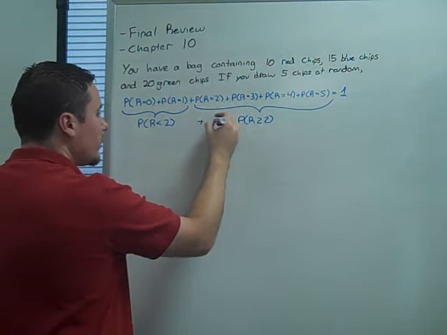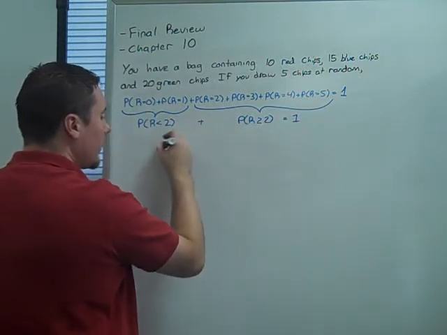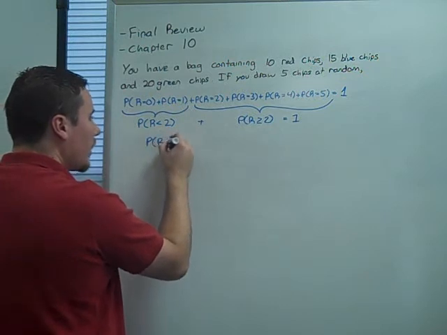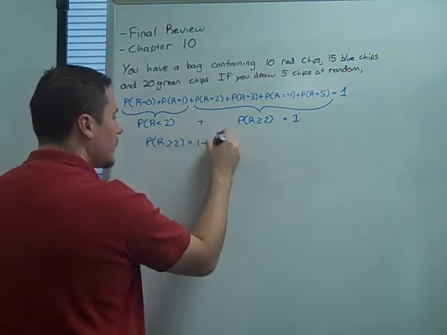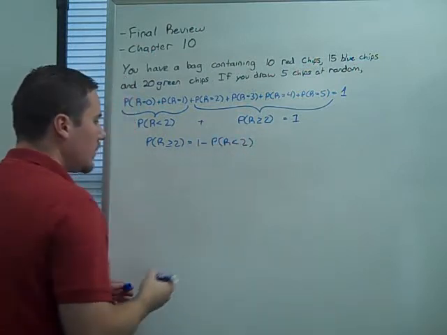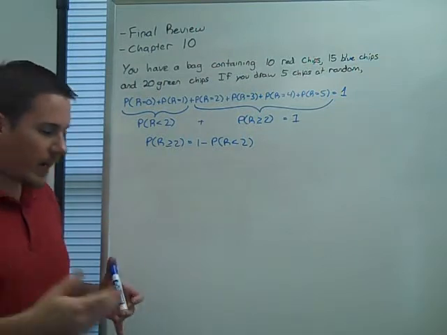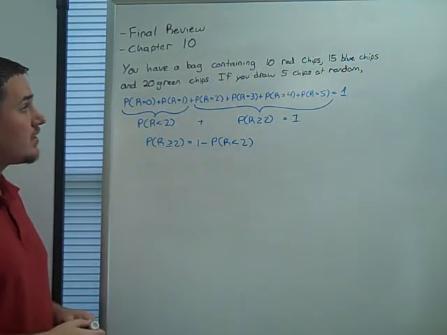Now both of these should add up to 1. So the desired probability that R is greater than or equal to 2 is equal to 1 minus the probability that R is less than 2. That's the idea behind the complement, and I thought I should write it out just this once so that it's clear.